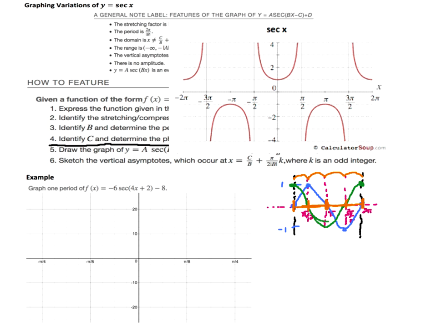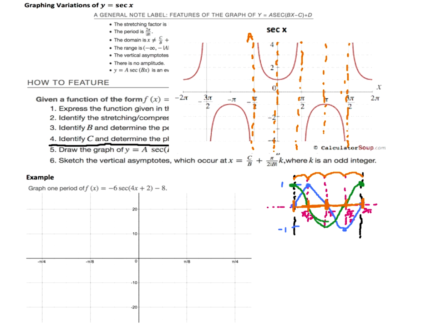So for the secant function, I have a key x value at negative pi over 2. I have a key x value at 0, at pi over 2, at pi, and at 3 pi over 2. So what's going on at negative pi over 2?